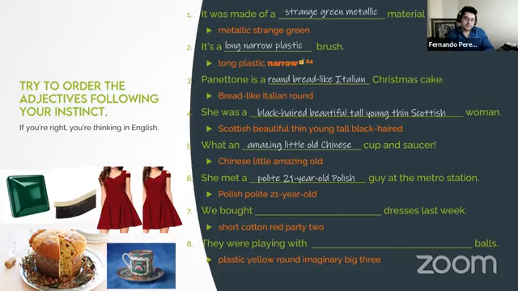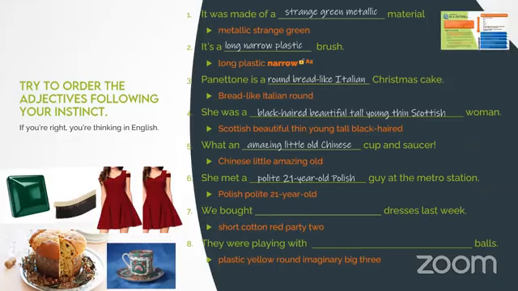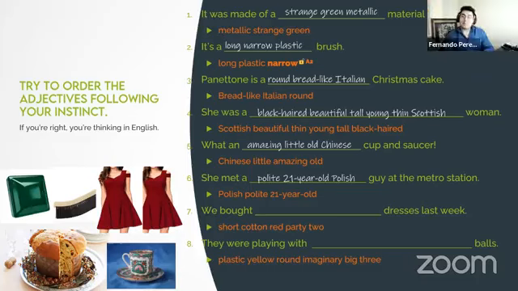Number 7, Brian. We bought two short red cotton party dresses last week.